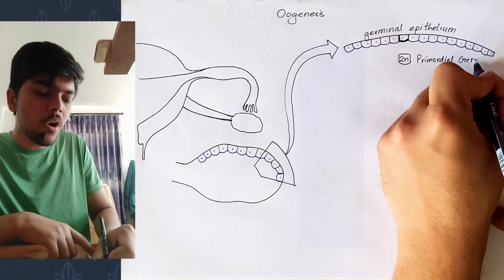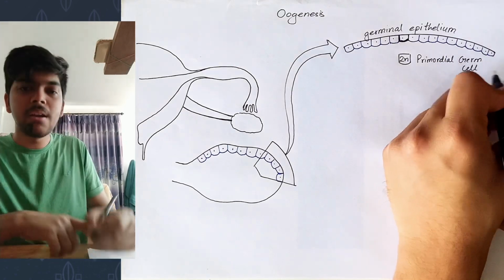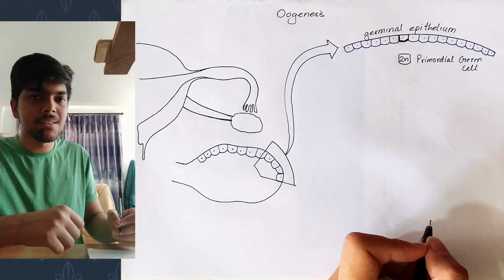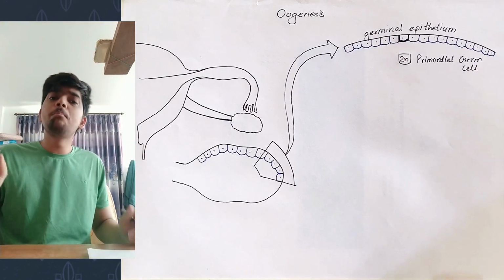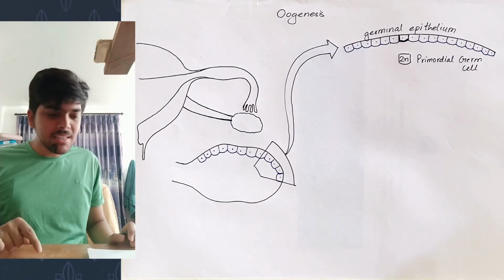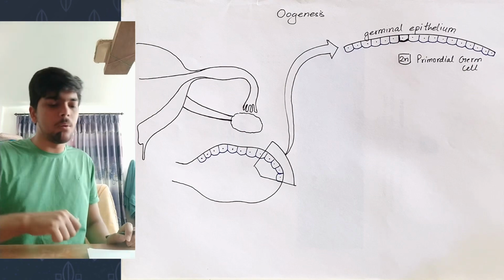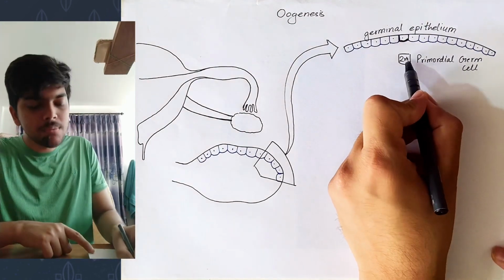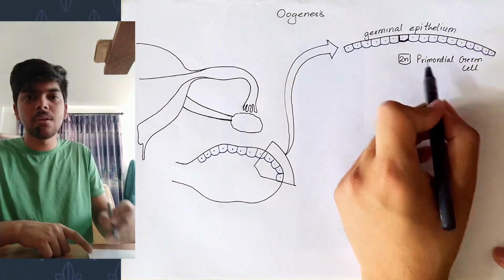It's called a germ cell because it gives rise to gamete, that is the egg, and it's called a primordial germ cell because it is present at the very beginning. This is the first germ cell that is responsible for the formation of egg.